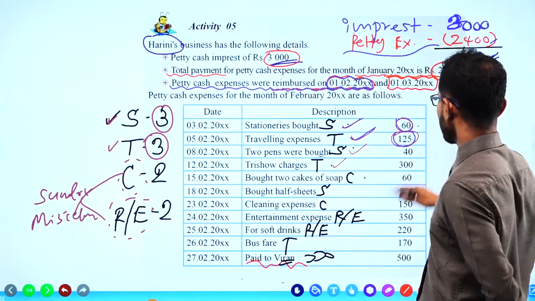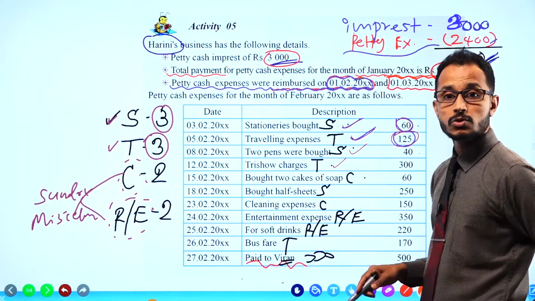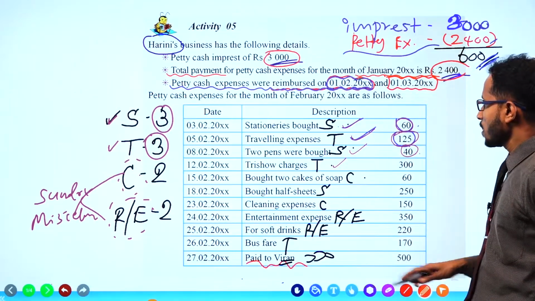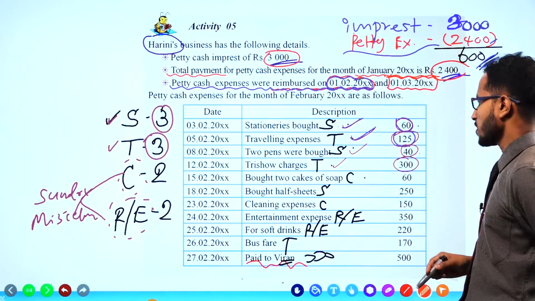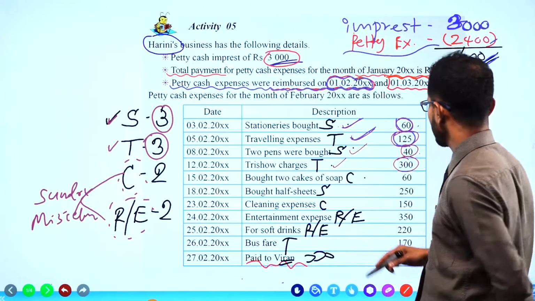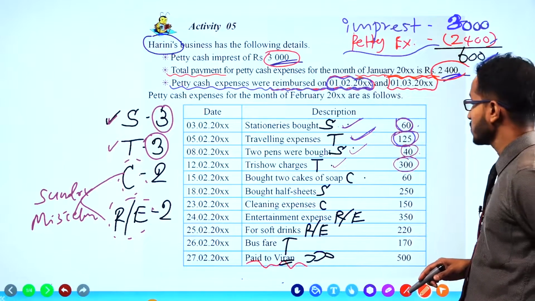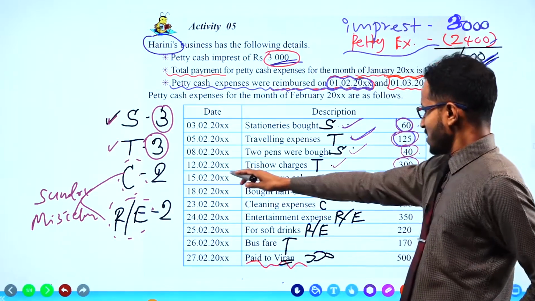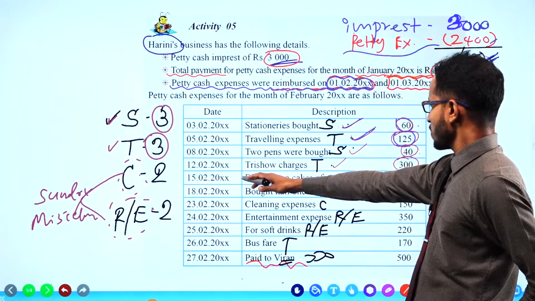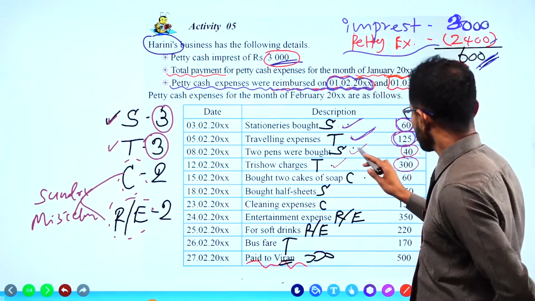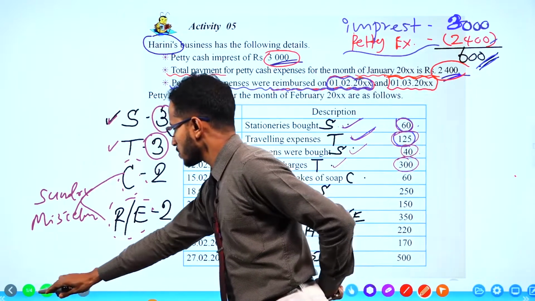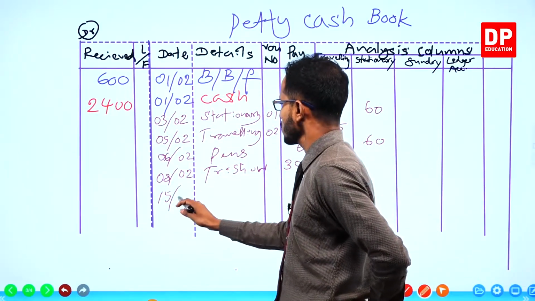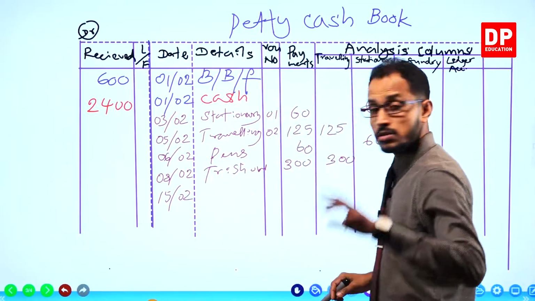2 pens 40, right? Yeah, 40. For the 2 pens, can you see the amount? 40. For trishaw charges 300, that's correct. We'll correct the amount for 2 pens. That should be 40. Then we'll take the next transaction. 15th soap. 2 cakes of soap.